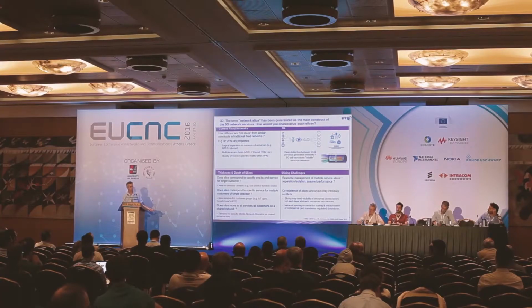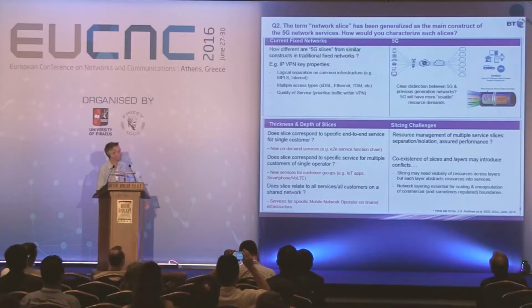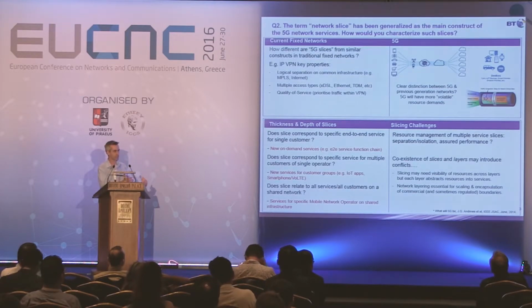And then the third facet of IPVPN to compare with 5G, we use quality of service functionality, usually as a means to prioritize traffic within a VPN. So we prioritize the business critical stuff over the best efforts. And achieving quality of service for a range of service types on 5G, potentially with slicing, is going to be one of the key aspects.